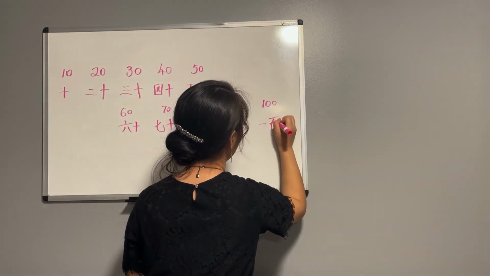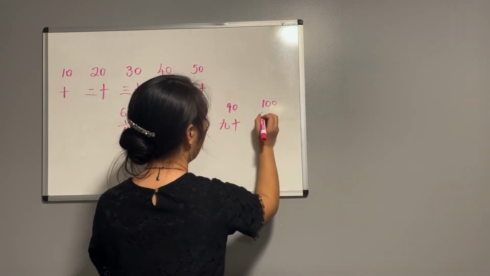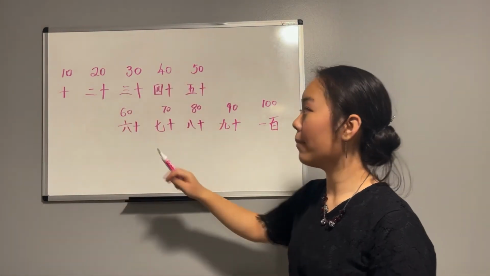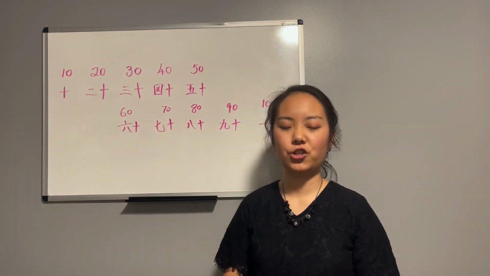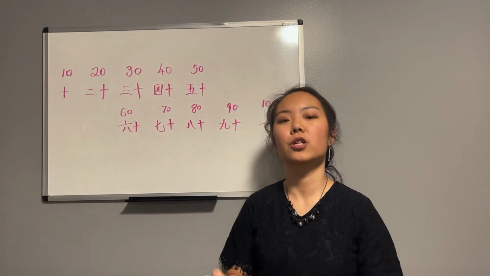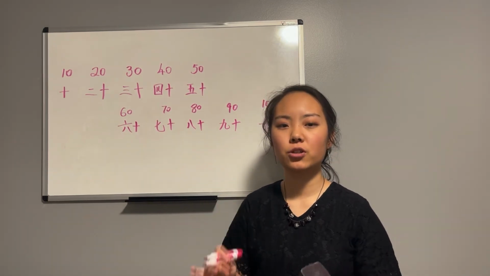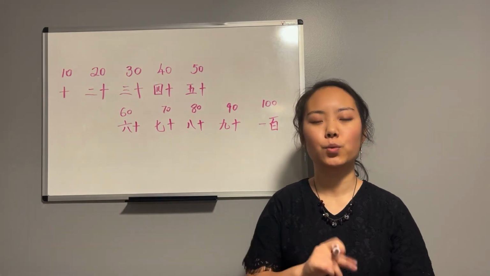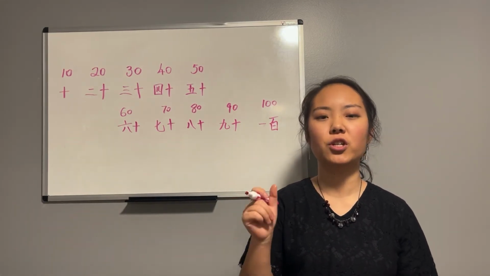That's a new word, 100. And then the one goes down. Okay, so let's count by tens. Ready? 10, 20, 30, 40, 50, 60, 70, 80, 90, 100.